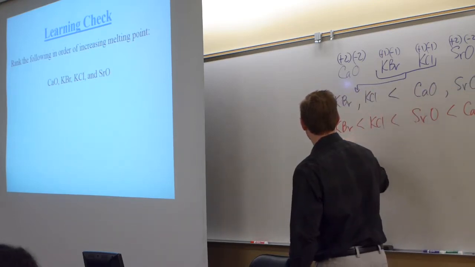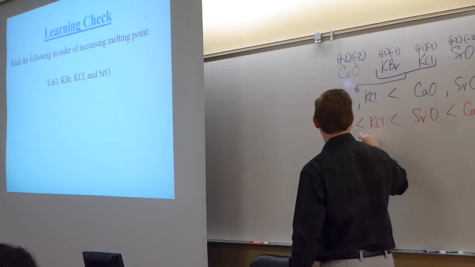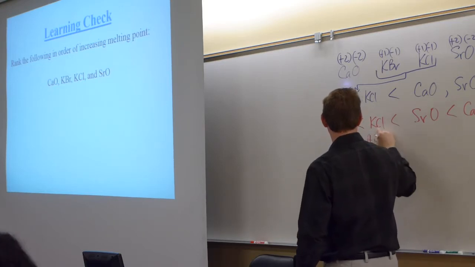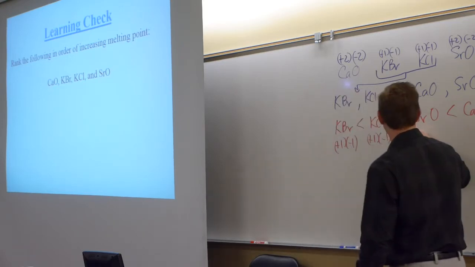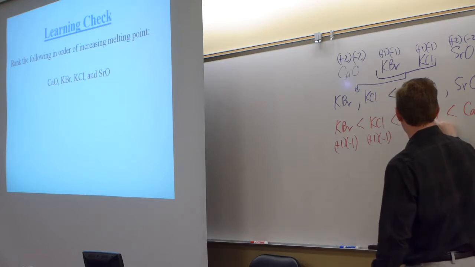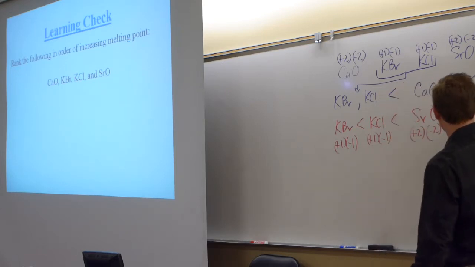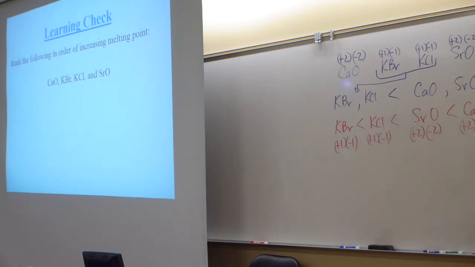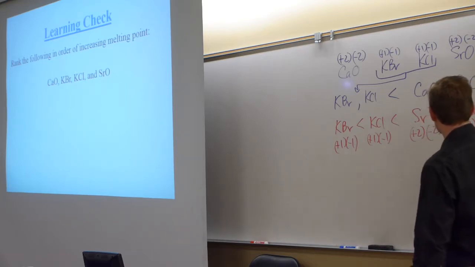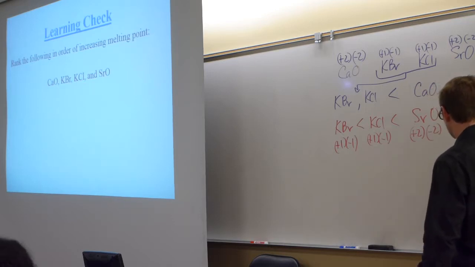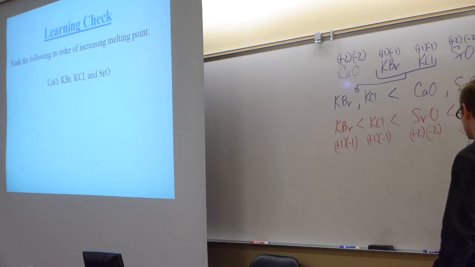So it's +1, -1. +2, -2, but then you could say that calcium 2+ has a smaller radius.